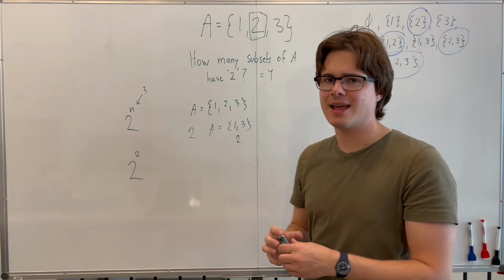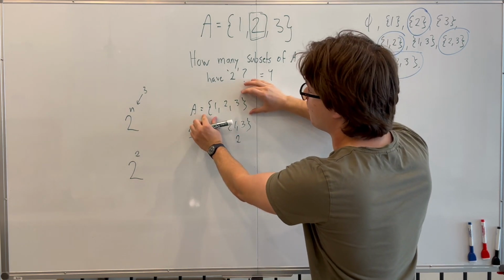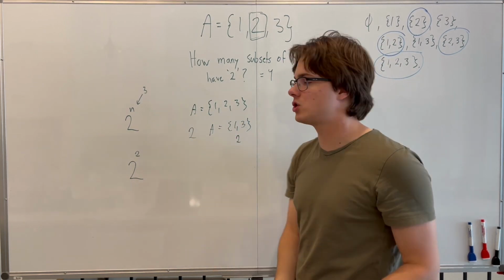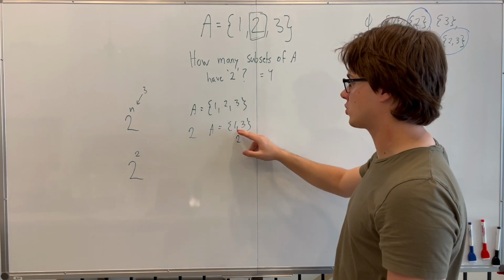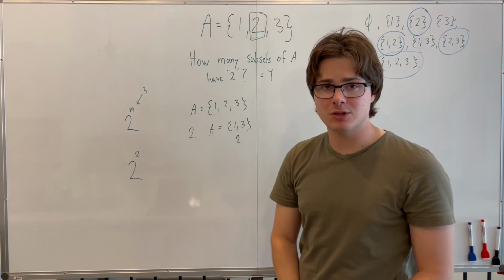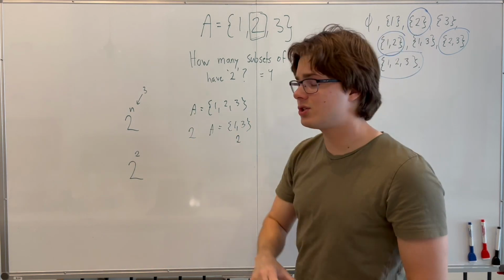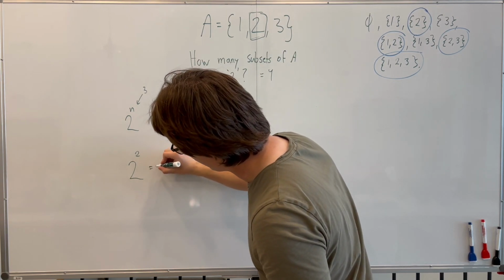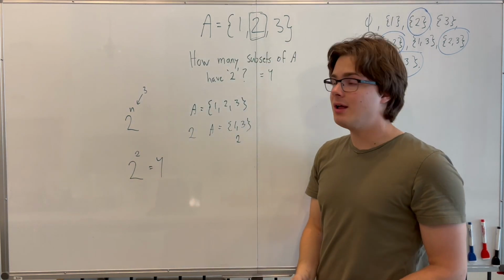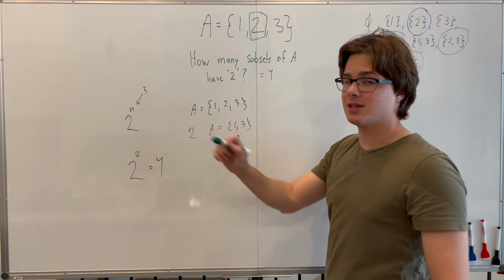So we're taking it out of this box of potential things we can choose from, and now shrinking it to just 1 and 3. Count how many elements you have left. It's 2. 2 to the power of 2 is in fact 4. That is how you can compute this using this notation.